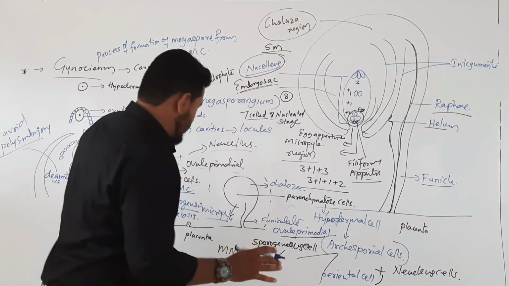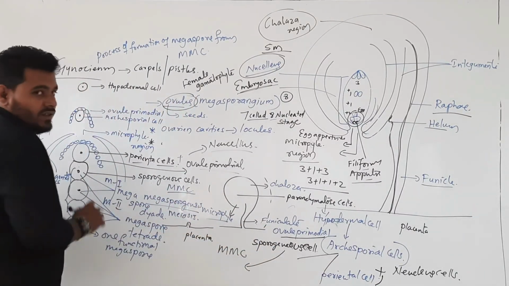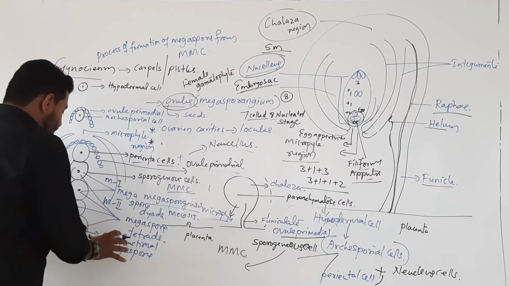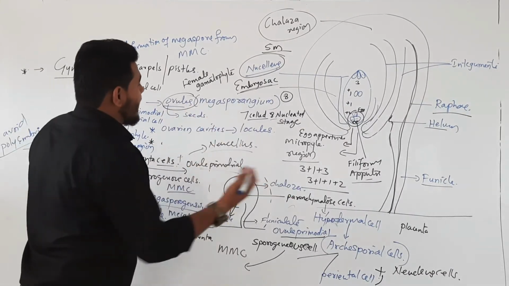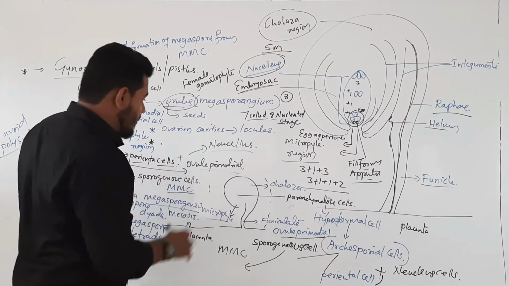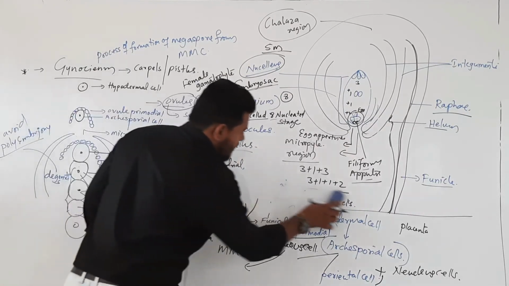This is the formation of megaspores in megasporogenesis. Now from that functional megaspore, it transforms into the female gametophyte. That process I will explain here.